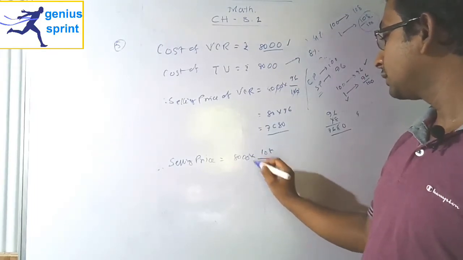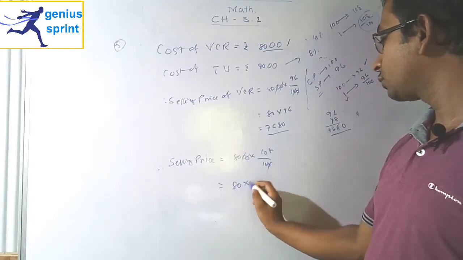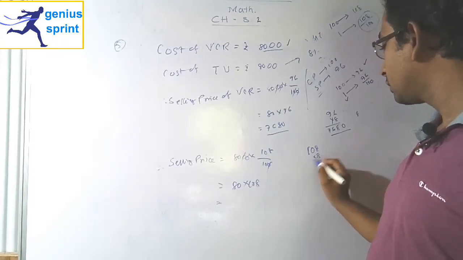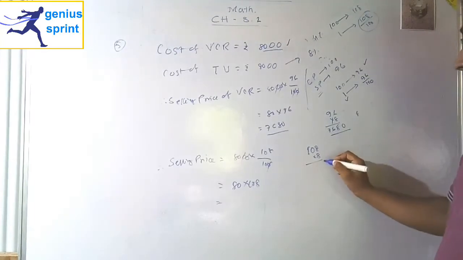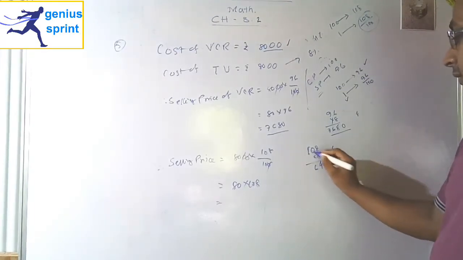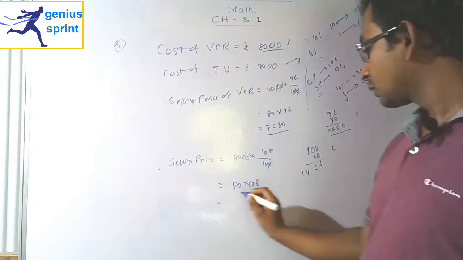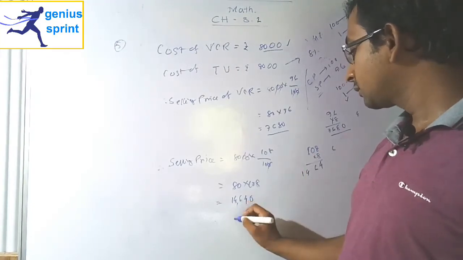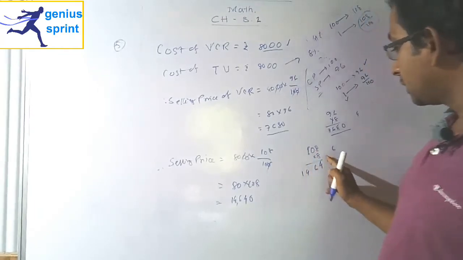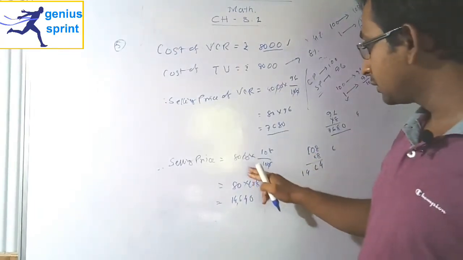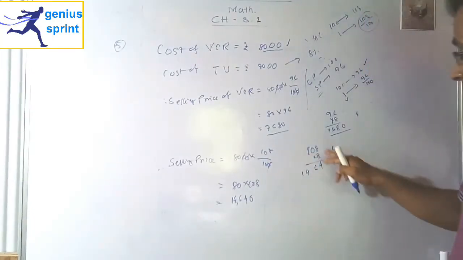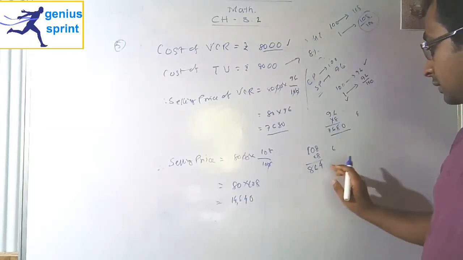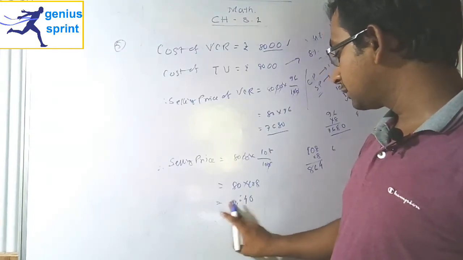So cancel out this 0, again you will get 80 into 108. 108 into 8: 8 8s are 64, 4 carry 6, 8 1s are 8 and 6 becomes 14. So 8640.